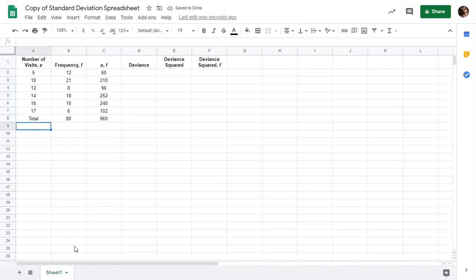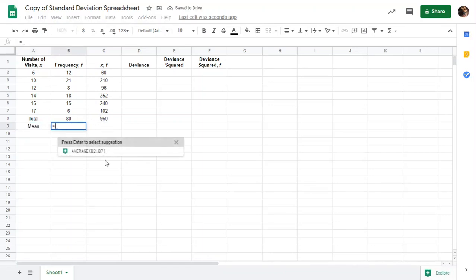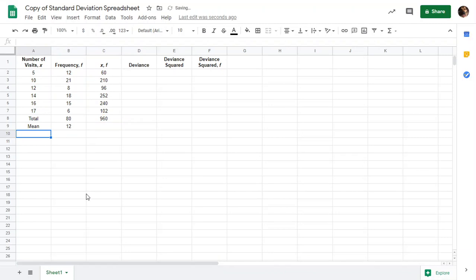If I want to find the mean, then I need to divide 960 by 80. So the average number of times that each student went to the pizza place was 12.